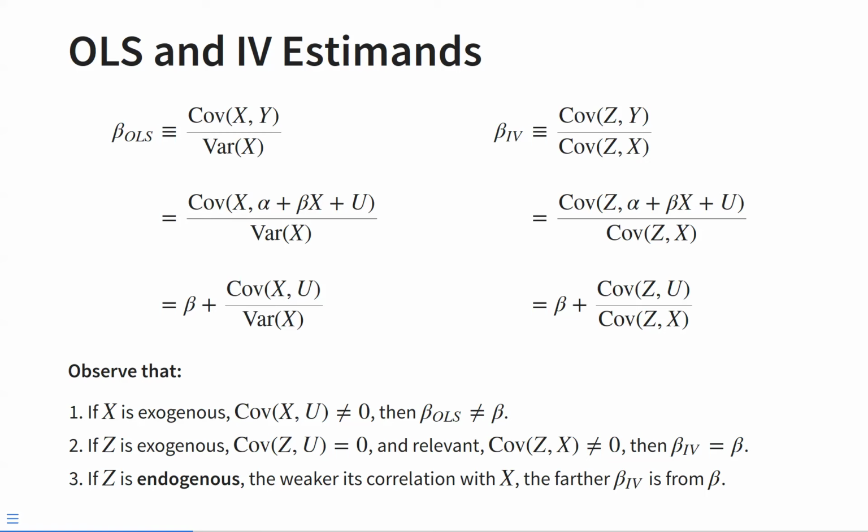Something else that's kind of fun to notice is if z were not an exogenous instrument, if it were actually endogenous, so if the covariance between z and u were not 0, then the weaker its correlation with x is, the farther beta IV is from beta. That's kind of an interesting thing to think about if you've ever considered weak instruments.